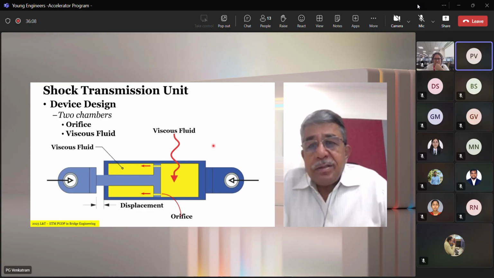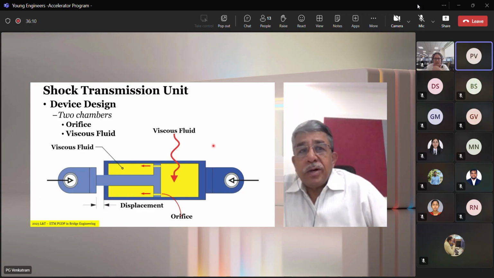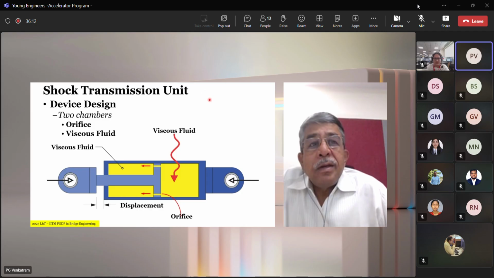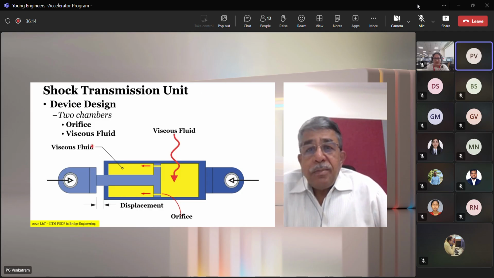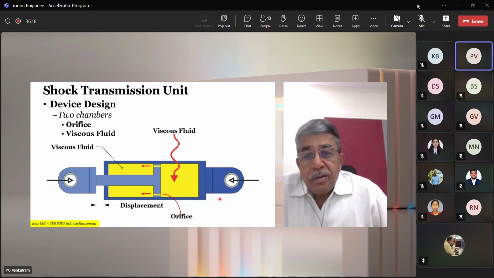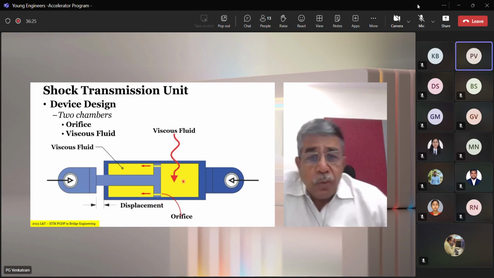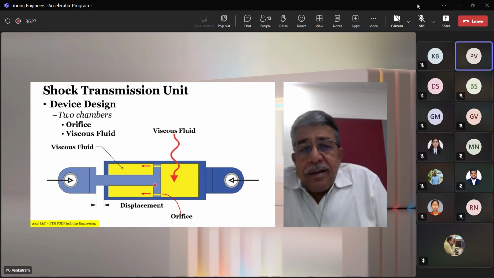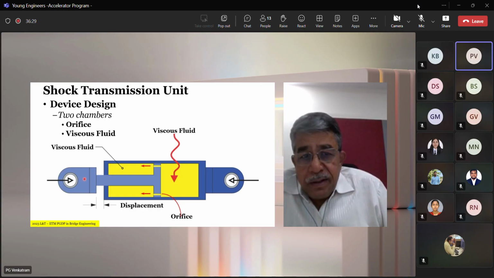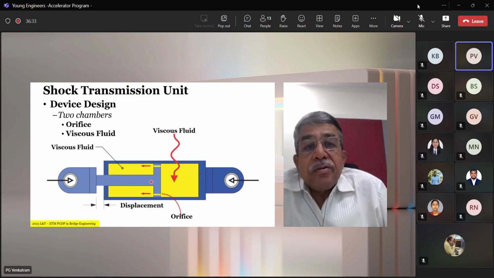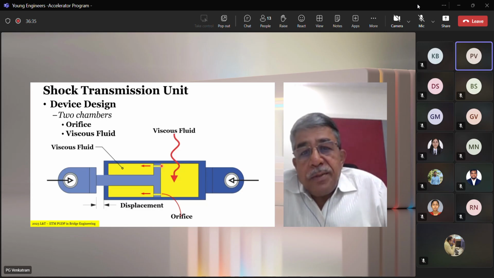Now, how does this shock transmission unit actually work? It's a two chamber device. Basically, you can say that there are two chambers with a piston with a very small orifice. You can see a very small orifice. It has a viscous fluid in that. And when the displacement takes place, if the displacement is slow, the viscosity permits the flow of the fluid in such a fashion.